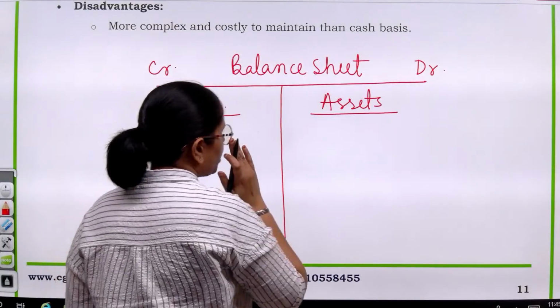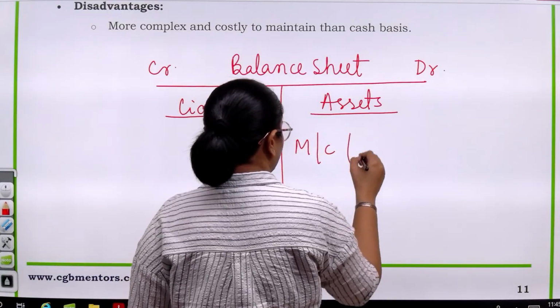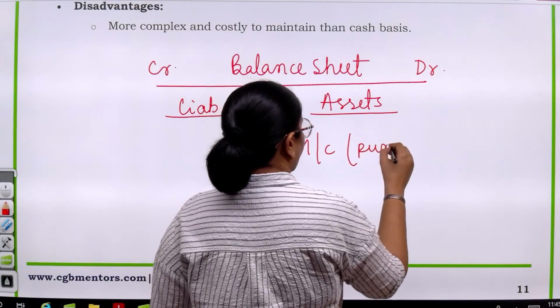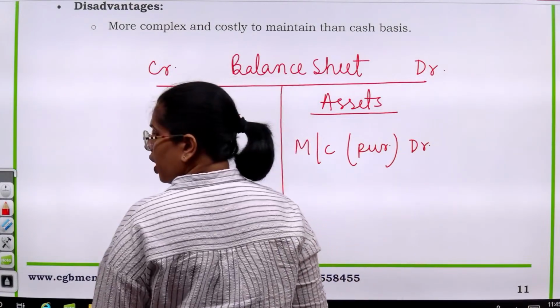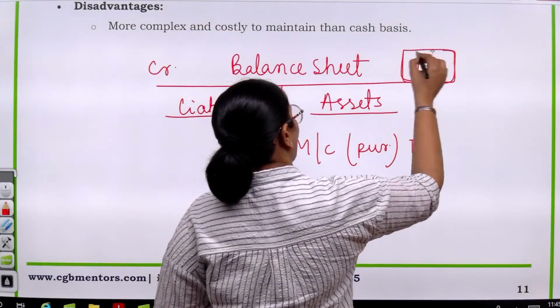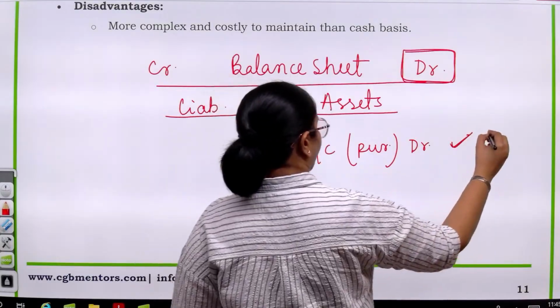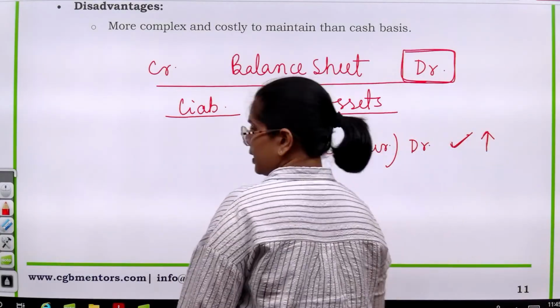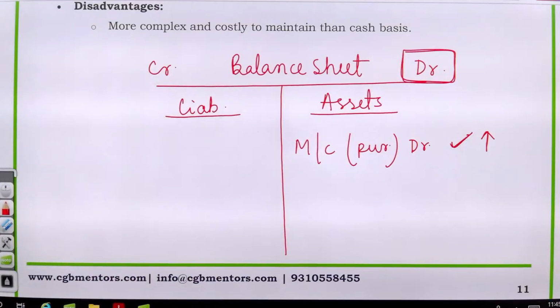Okay, so machinery, if I have purchased machinery, obviously I have to debit it. Because in the balance sheet this is the side where I write my machinery.